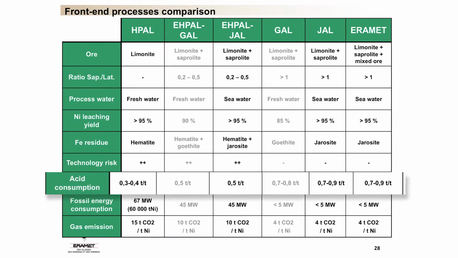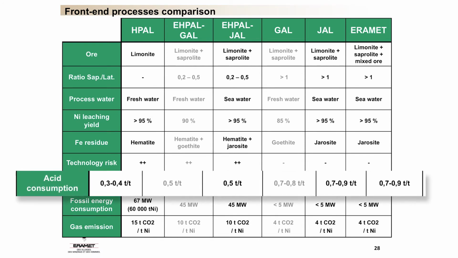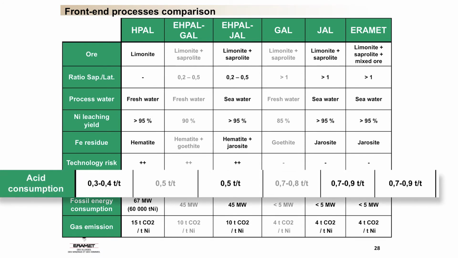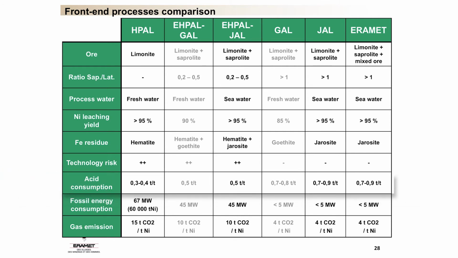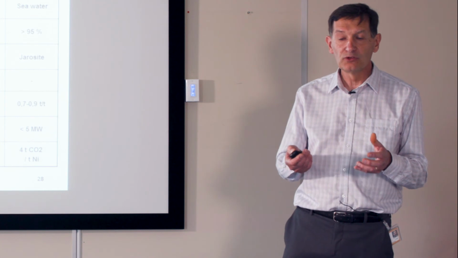For HPAL, you are at the level of 0.3 to 0.4 tons of acid per ton of ore, and going to these processes at atmospheric pressure, you are at the level of 0.7 to 0.9 ton of acid per ton of ore. It's a real drawback, but there is a main advantage to this very high quantity of acid due to the fact that the acid is produced on place by treating sulfur.